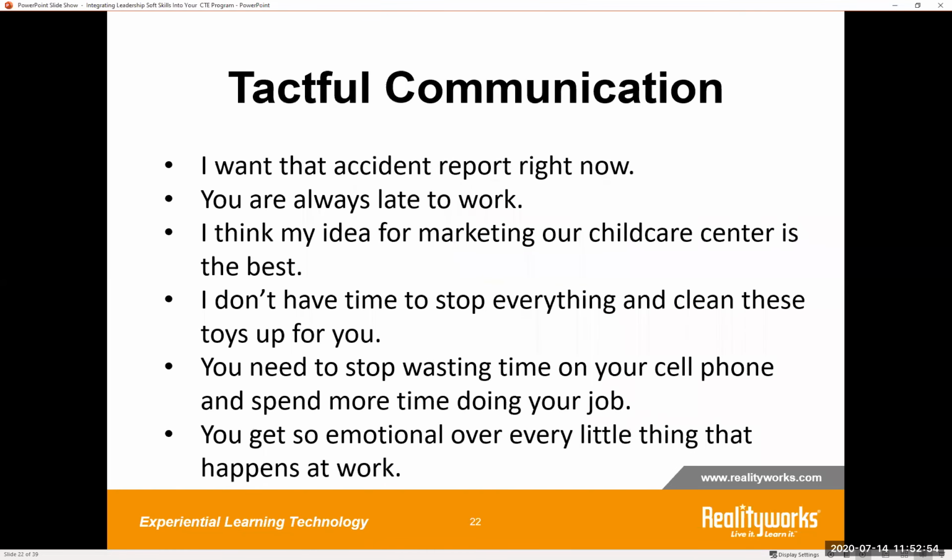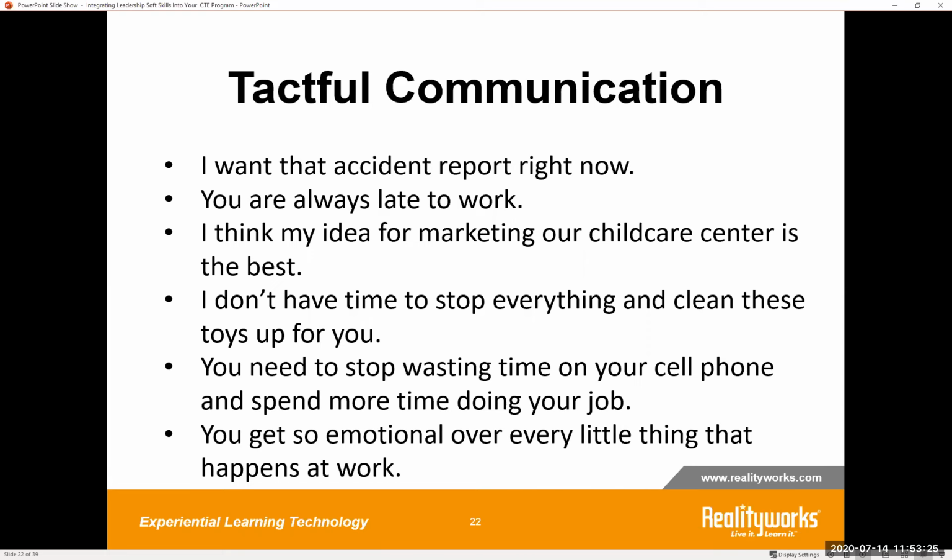So now that you've shared strategies for communicating with tact, you could have your students put this into practice. So you would share with them statements and say, how would you restate each of the following statements to be more tactful? Now, here's a few that I came up with, but you could create a dozen or more of your own very easily, or you could even have each student contribute one statement that another student has to restate.